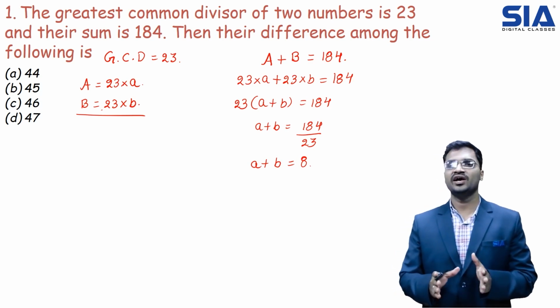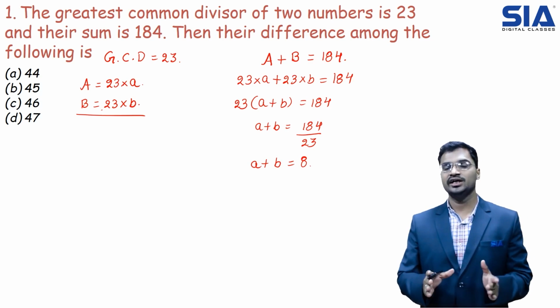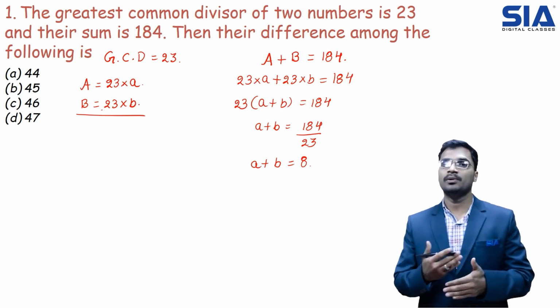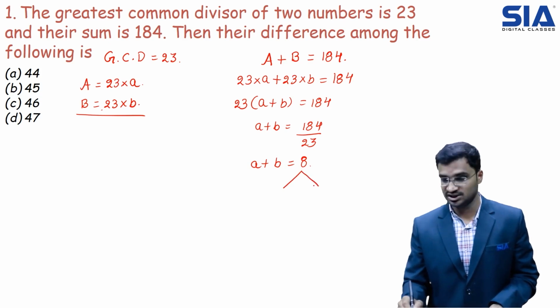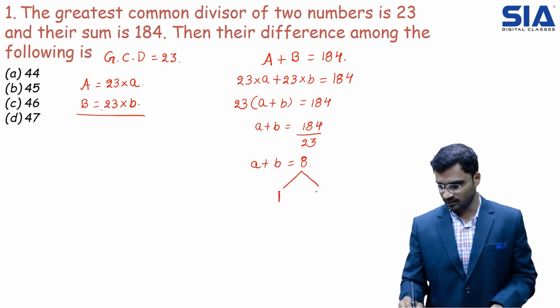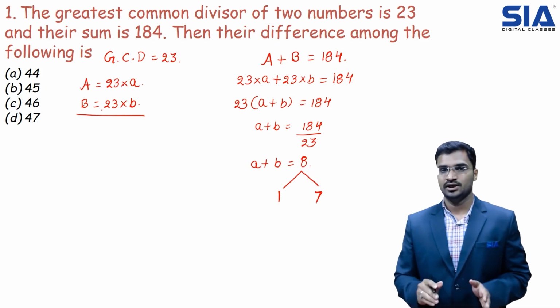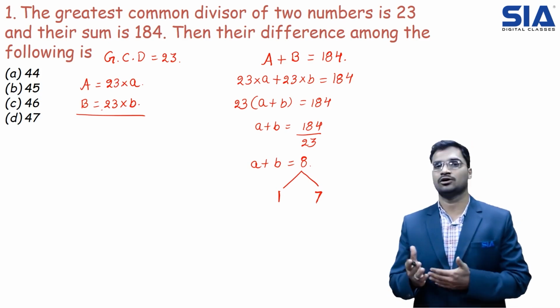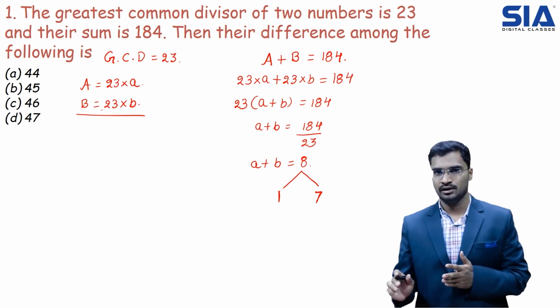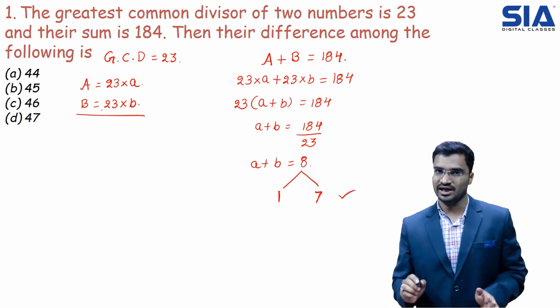Now I have to divide 8 in such a way that I should not get any extra common multiple. So 8 can be divided as 1 plus 7. 1 and 7 do not have any extra common multiples, only 1 is their common multiple, so 1 and 7 can be taken.